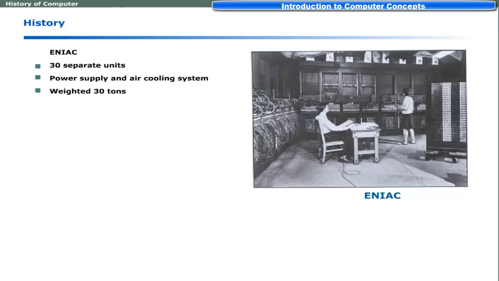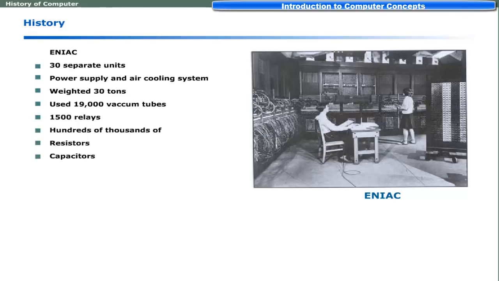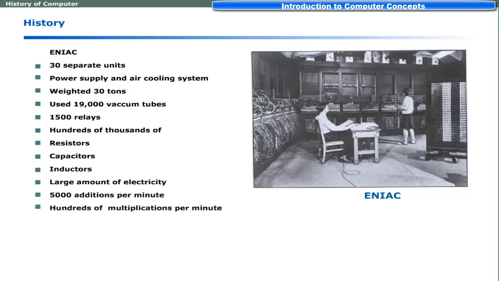It weighed 30 tons, used 19,000 vacuum tubes, 1,500 relays, and hundreds of thousands of resistors, capacitors, and inductors. It required a large amount of electricity. It could perform 5,000 additions per minute and hundreds of multiplications per minute.